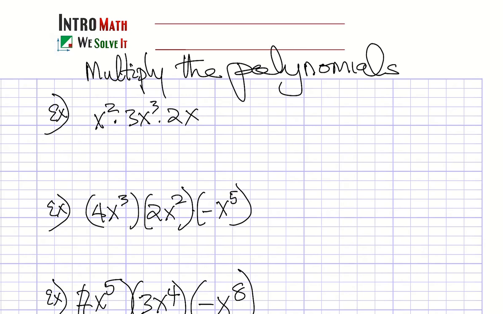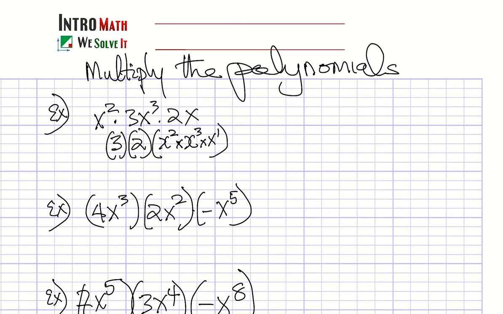Look at all the x. We're working with one variable, so look at their exponents. You remember when you multiply, you add, right? So that's basically 3 times 2, and then you combine the variable: x raised to the power 2 times x raised to the power 3 times x raised to the power 1.